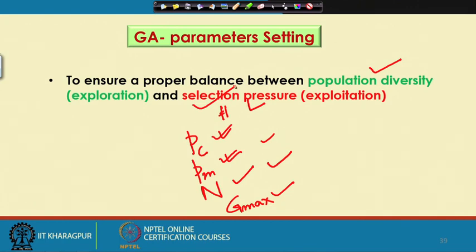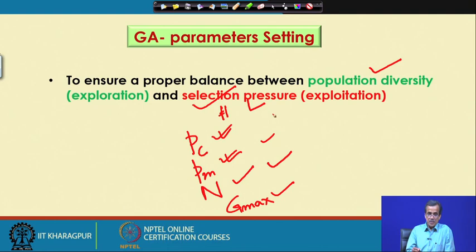I have already discussed the importance of maintaining a proper balance of population diversity and selection pressure. So, we have understood that if I want to ensure a very efficient search for the GA, a proper balance between population diversity and selection pressure has to be maintained. And how to maintain the balance? To maintain the balance, you will have to use the proper set of GA parameters. So, you will have to use optimal GA parameters. Now, how to find out the optimal GA parameters, that I will be discussing. Thank you.